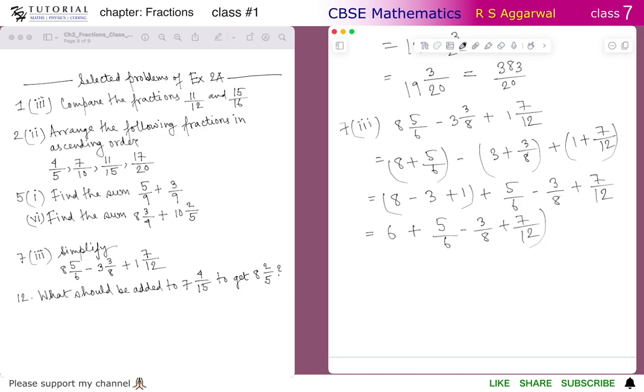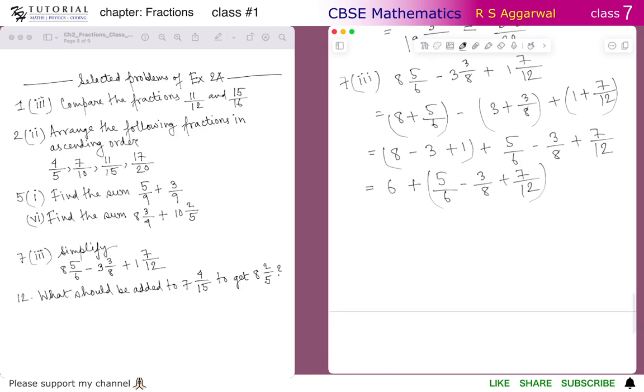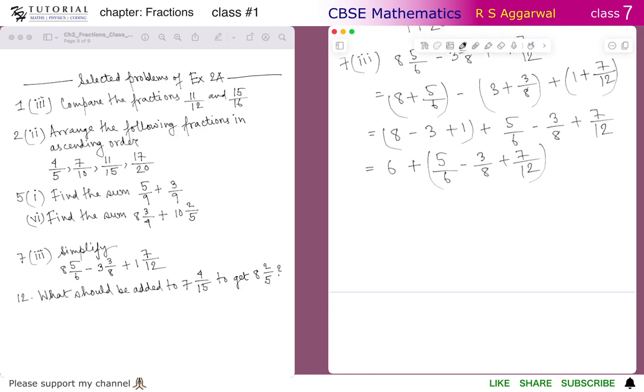Now we have to compute the addition and subtraction of the fractions. How do we do that? We see that the fractions are unlike fractions. We have to first convert. So now we are doing 5 by 6 minus 3 by 8 plus 7 by 12.